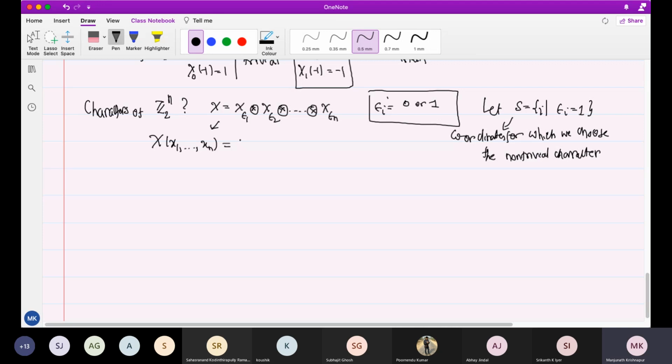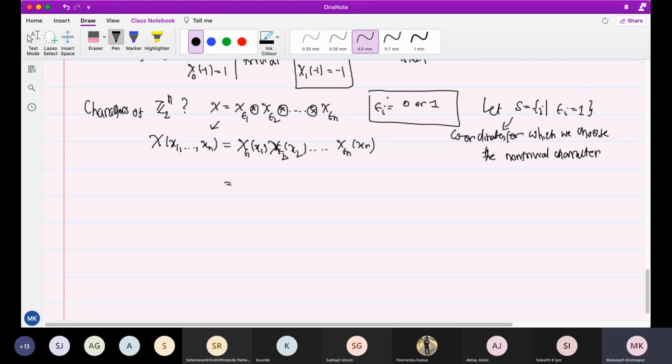So what do we get here? This is chi epsilon 1 of x1, chi epsilon 2 of x2, up to chi epsilon n of xn, by definition of tensor product. It's 1 o'clock, so I will stop in a minute.